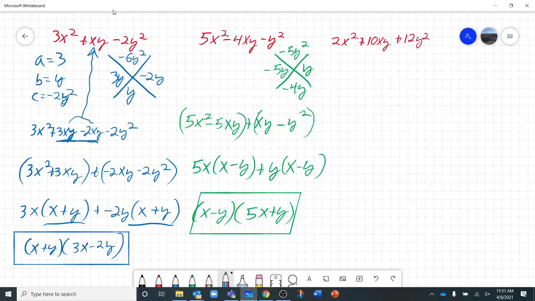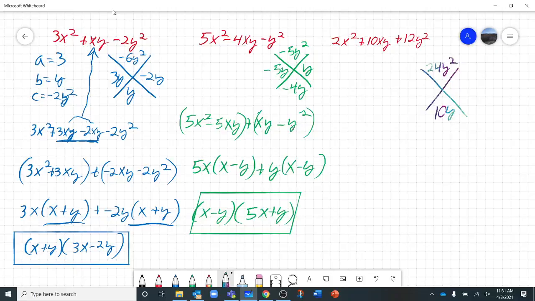And for our last one, 2x squared plus 10xy plus 12y squared. 2 times 12y squared gives me 24y squared. And my computer's starting to break down. 10y goes in the bottom part right here.